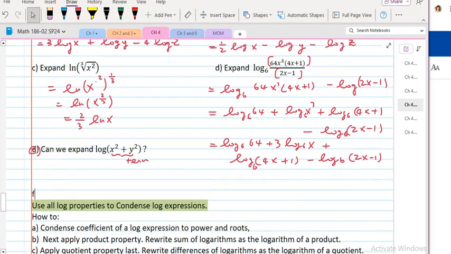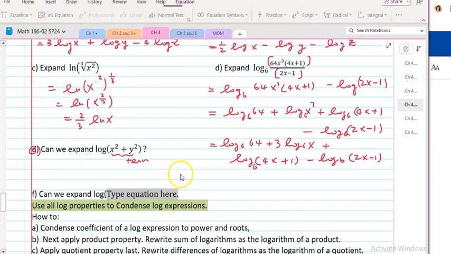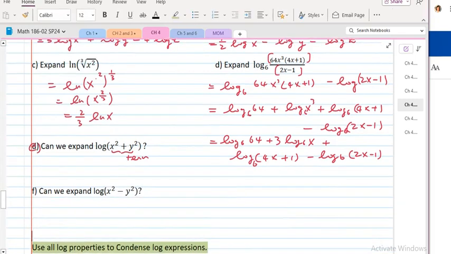What about, can we expand log of x squared minus y squared? But now this one I can.